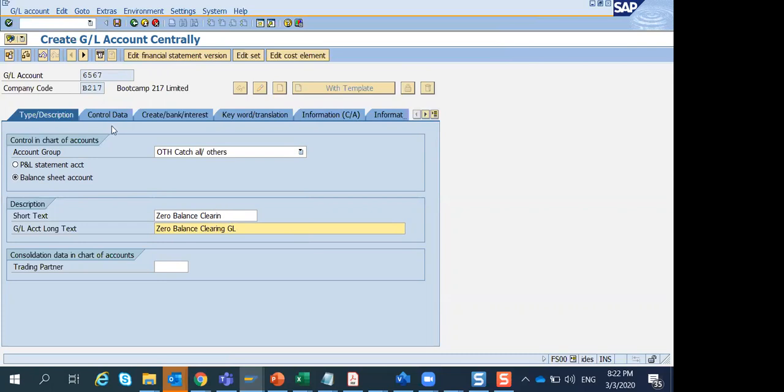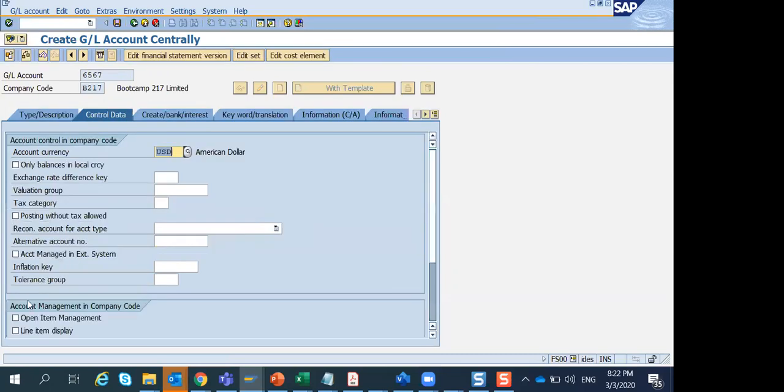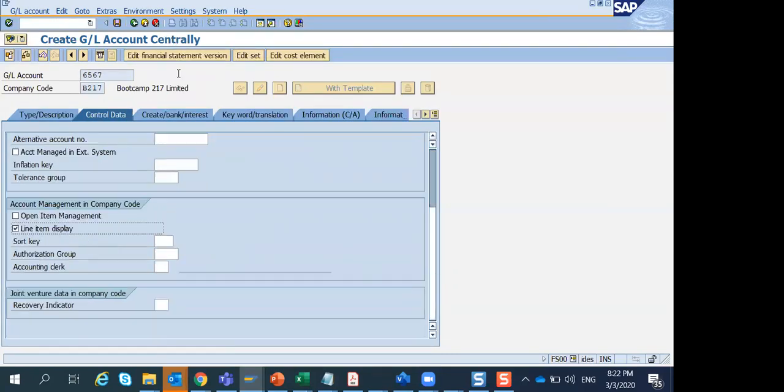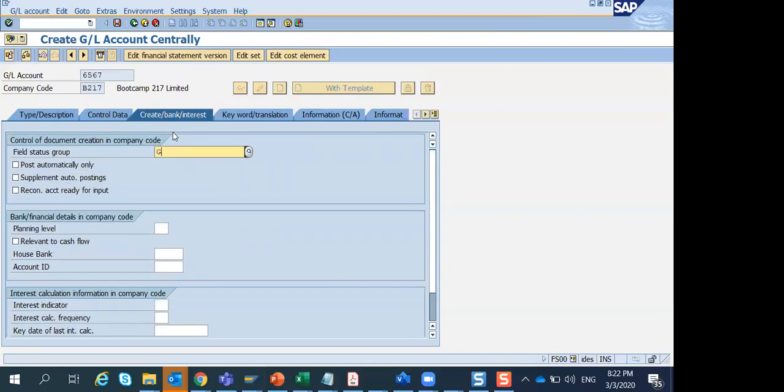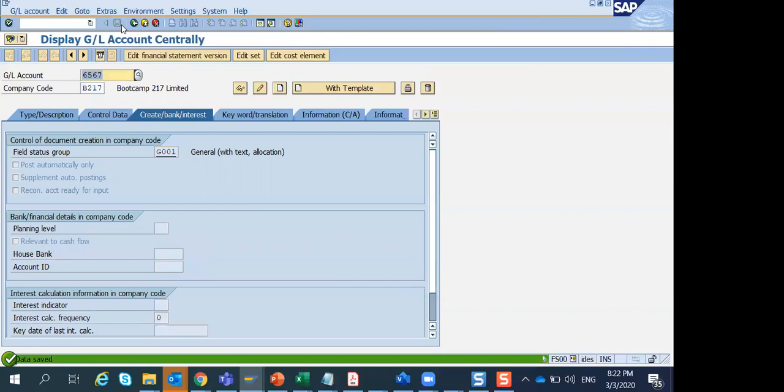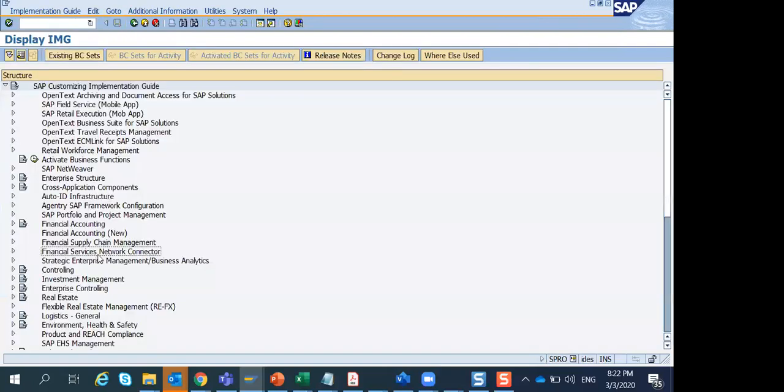GL account. Come here and control. Get our stuff here. Enter. Come here. G001. Just save it. So I create a GL account 6567. Now let me go to my configuration.